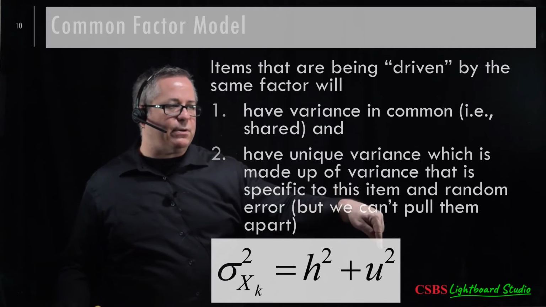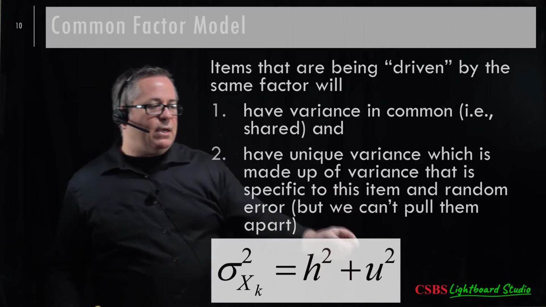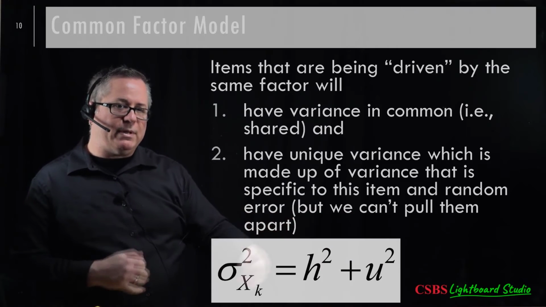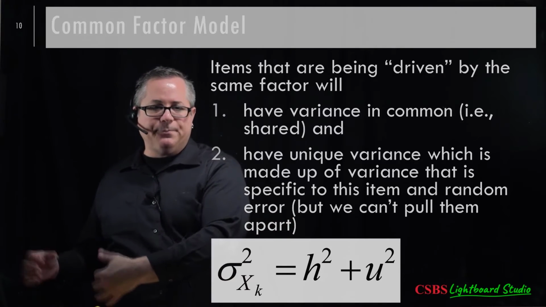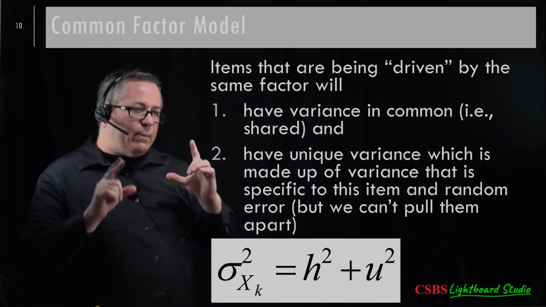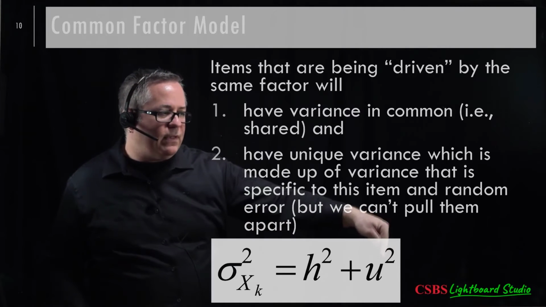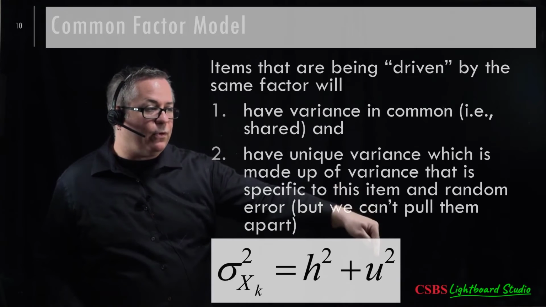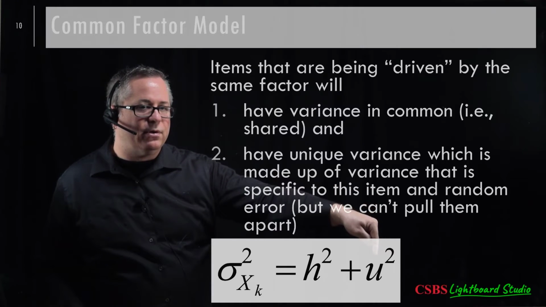Common, shared. Those two together add up to the total variance for that one item. So the item shares some of its variance, and some of its variance is unique. The thing to keep in mind is we often refer to this thing, and I do this all the time, I often will refer to this thing as error.